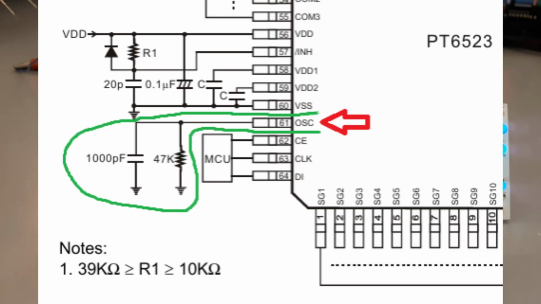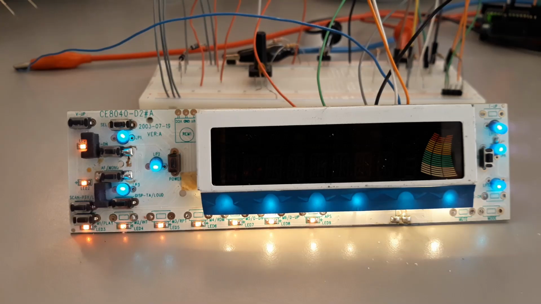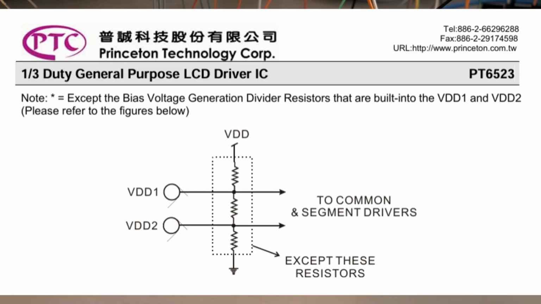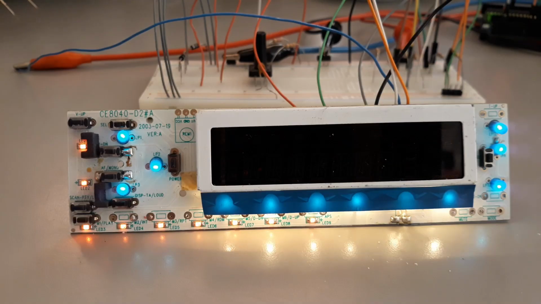It requires only a 47 kΩ resistor and a 1000 picofarad capacitor connected to ground. That leaves us with the VDD1 and VDD2 pins. These pins generate the intermediate voltage levels required by the LCD, supporting different bias configurations: small, wide, and extended, as documented in the PT6523 datasheet, which is readily available online.